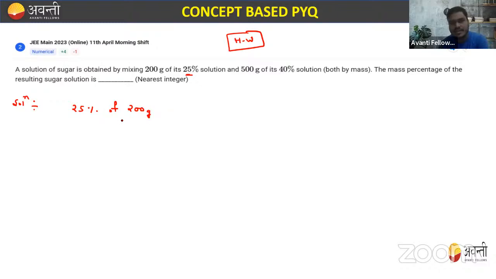Can anyone tell me? How will you calculate it? Like this: 200 into 25 divided by 100. So this cancels, 2 into 25 is 50 gram. So 25% of 200 gram comes out to be 50 gram, absolutely right.